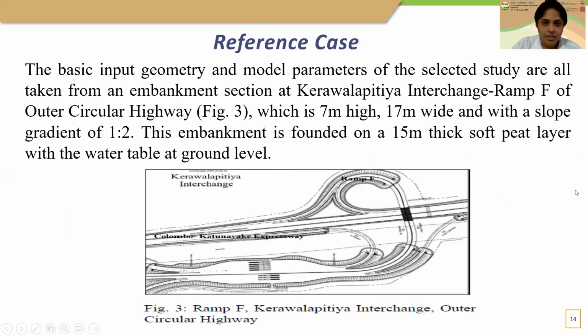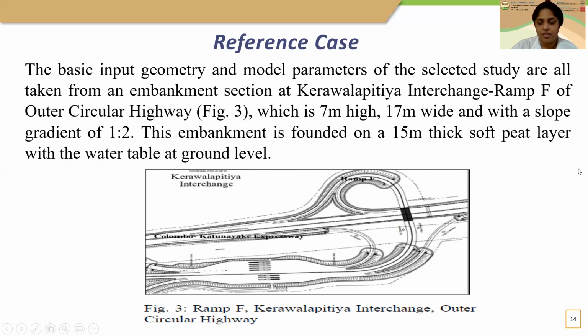The reference case is an embankment section at Kerawalapitiya interchange, ramp F of the Outer Circular Highway. This is a 7 meter high, 17 meter wide embankment with a slope of 1:2. This embankment is founded on a 15 meter thick soft peat clay, and the groundwater table is at the ground surface.